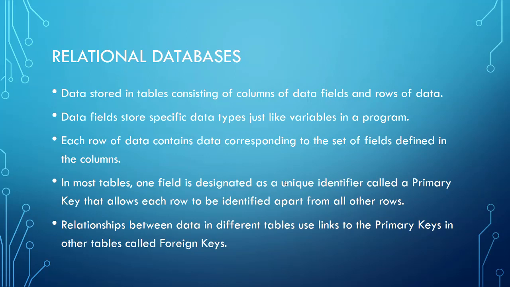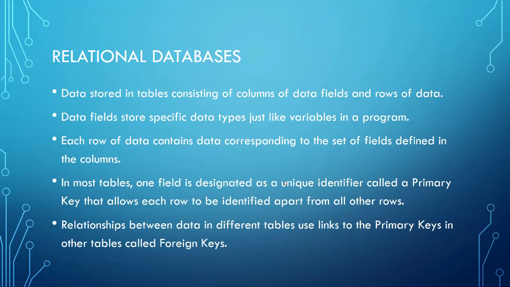Each row of data contains data corresponding to the set of fields defined in the columns. In most tables, one field is designated as a unique identifier of that row, called a primary key.